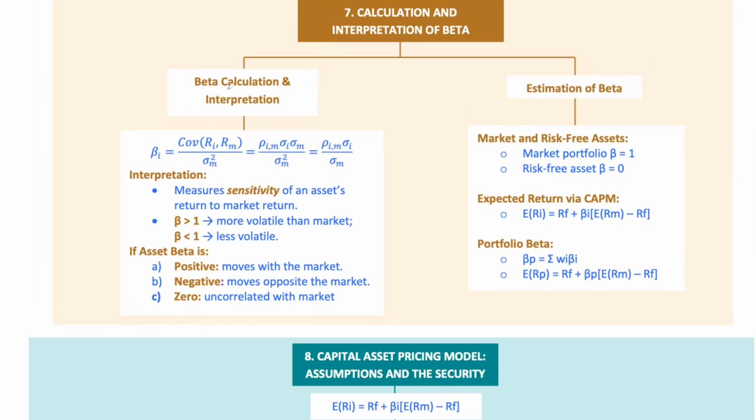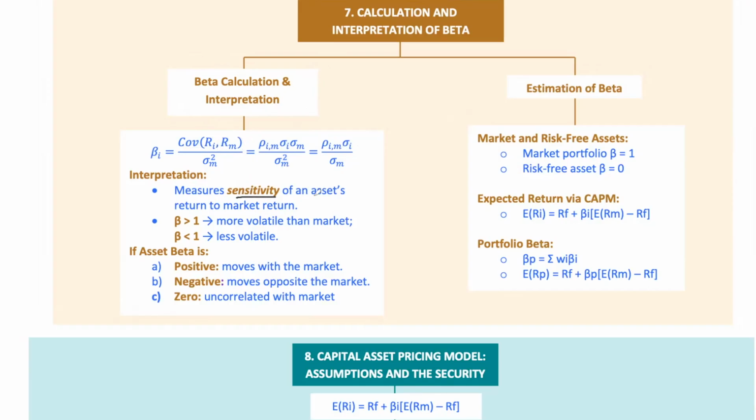That part, how it moves with the market, that's beta. It's the covariance between the return on the asset and the market divided by the variance of the market. That's just a fancy way of saying how sensitive is this asset to overall market swings.